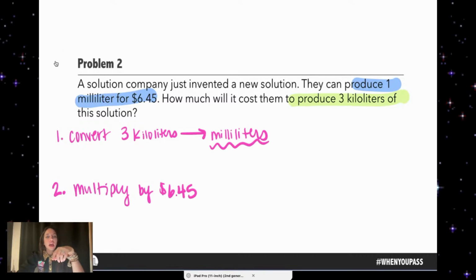So when I think of a metric conversion chart, which is really what we're looking at, I think of my base unit. So I have my base right here.